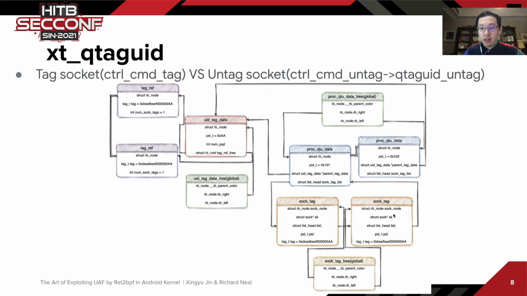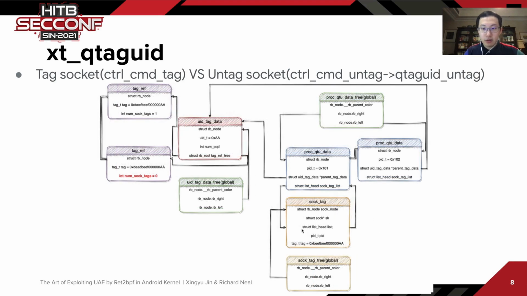While a socket is untagged, the reference count in the tag_ref gets decreased, and the sock_tag is unlinked and later freed by the kernel. So you may also imagine the basic idea of how the cleanup works: when the user closes the module, all the related sock_tag structures and proc_qtu_data may be unlinked and freed later.